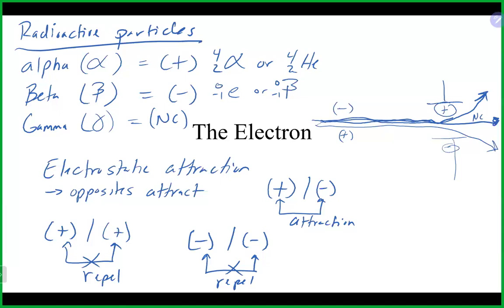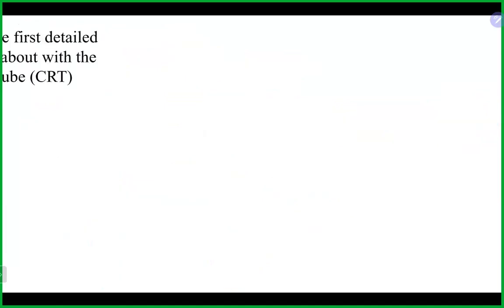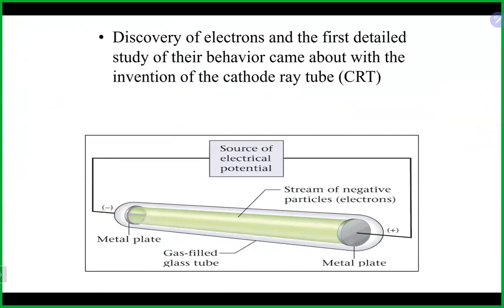One of the earliest experiments to explore the nature of an electron was done with the discovery of the CRT, the cathode ray tube. The cathode ray tube, drawn there on the bottom, has basically two sides: a negative side and a positive side.